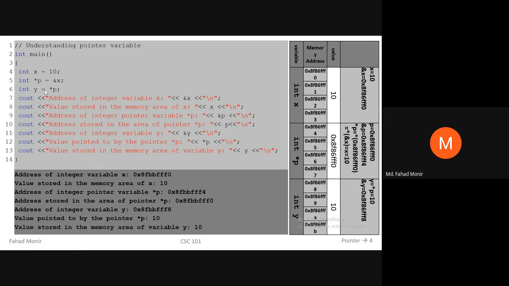Since cout of asterisk of p gives me 10, it must be returning a value. So if we declare a variable and write integer y equal to asterisk of p, whatever value asterisk of p returns will be saved in y. So we can write it in this way.